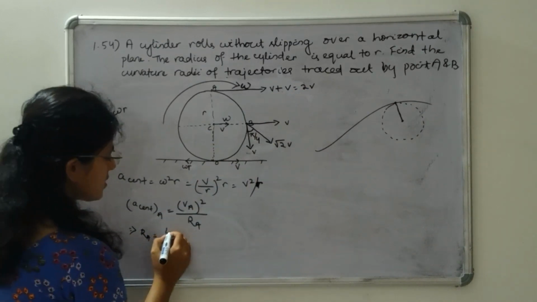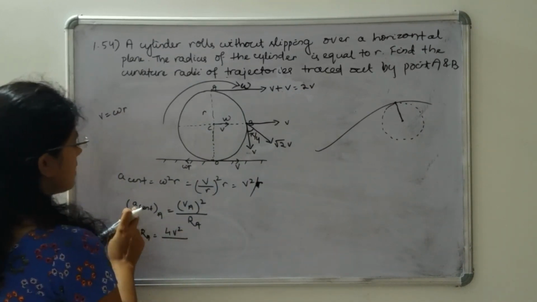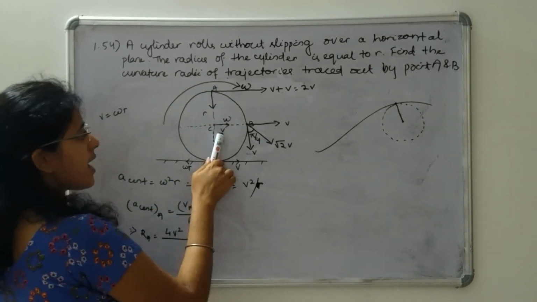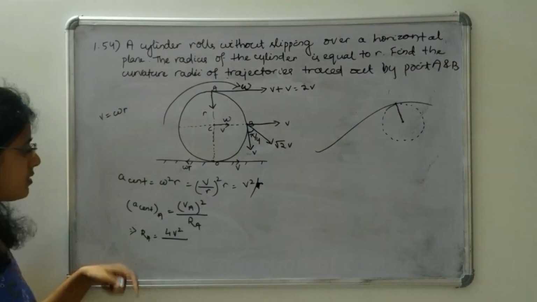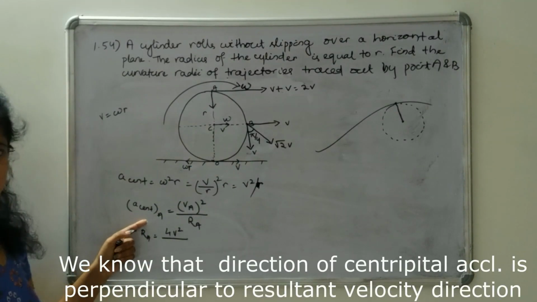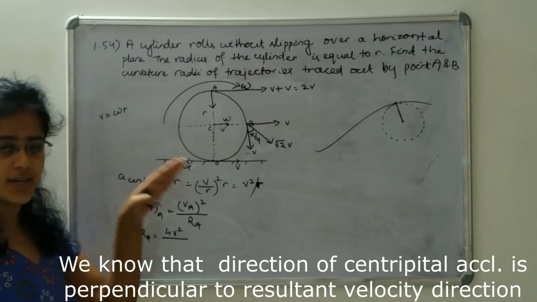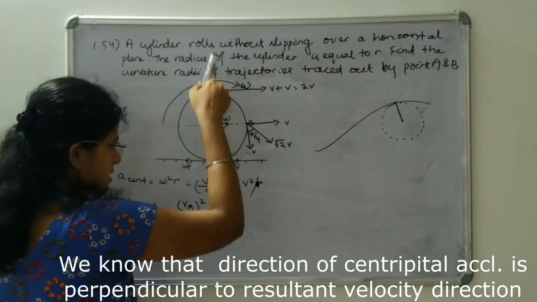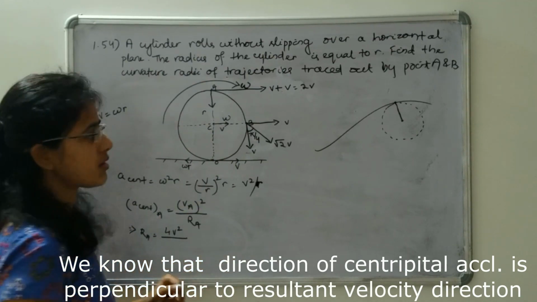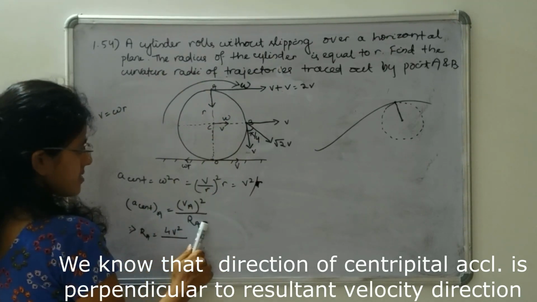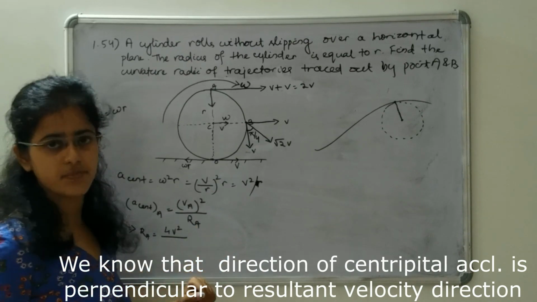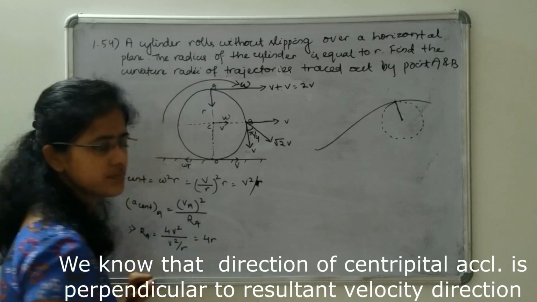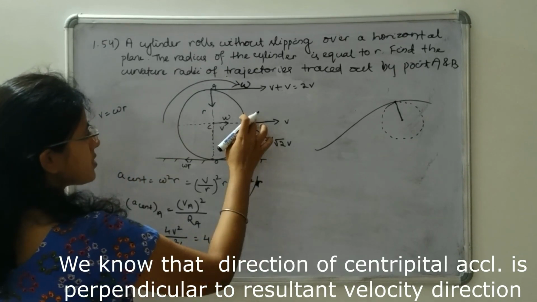So this is 4V square divided by the centripetal acceleration. This point has tangential acceleration and center of mass acceleration also, but you have to consider the centripetal acceleration because you have to derive the radius of the trajectory. So for this point, the centripetal acceleration is along this direction, and it is V square divided by r. So this is 4r.